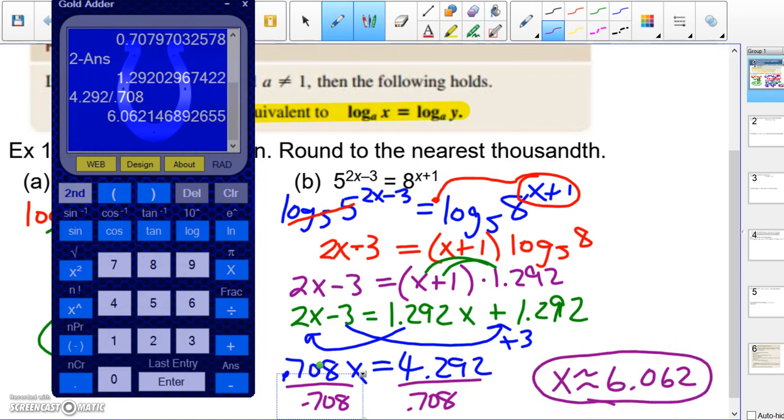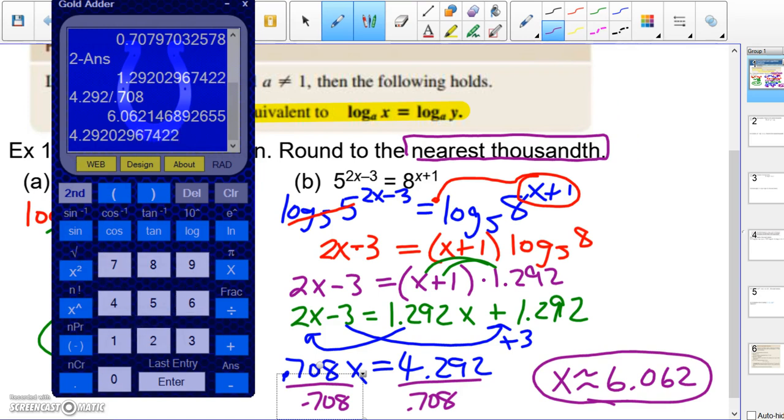Now you want to be careful. Technically, I probably should have kept more than 3 decimal places. If you're rounding to the nearest thousandth, you should really type in more decimals. So really what I should have done is use 4.29202 and the whole number.